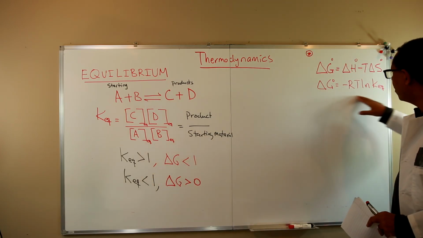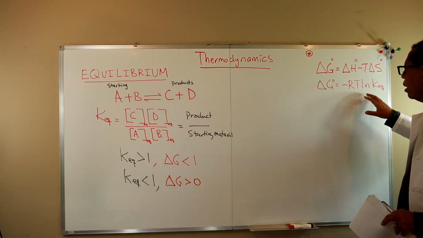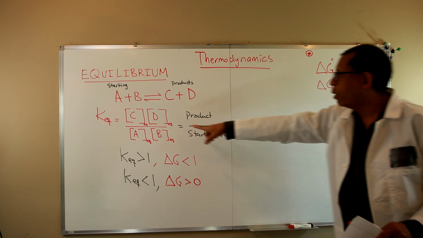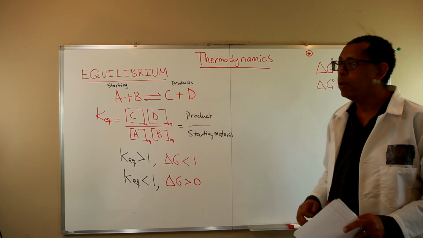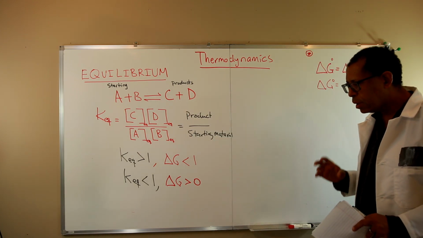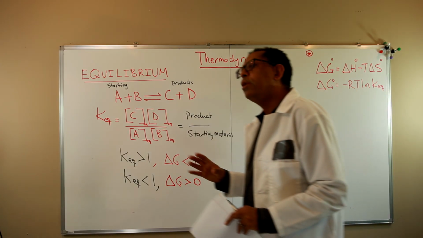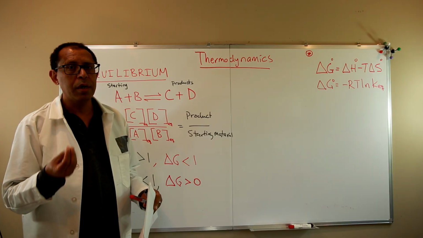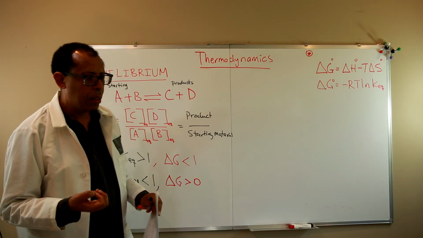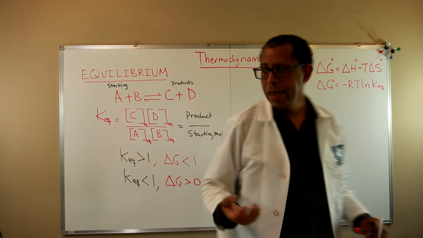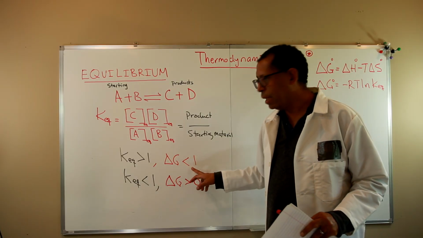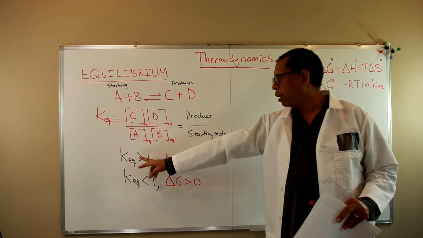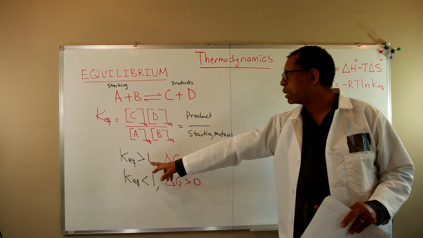So this is the formula I will be dealing with when you are looking at equilibrium situations. Equilibrium is different from the rate of formation of a product. For example, you might have a delta G value of less than 0, meaning the equilibrium constant is greater than 1.